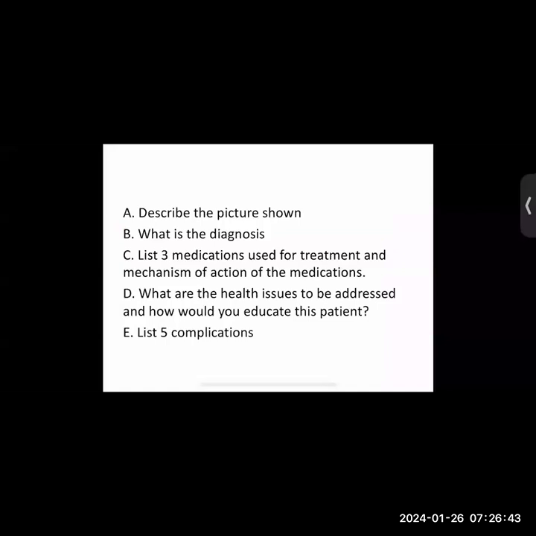Then the big question: what is the diagnosis? The diagnosis is scabies. Then list 3 medications used for treatment and the mechanism of action of the medications.